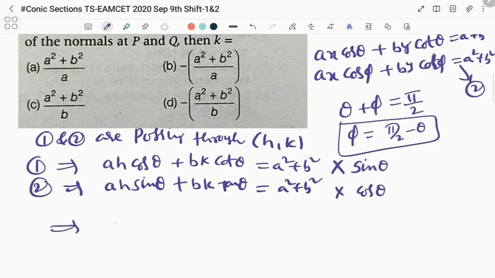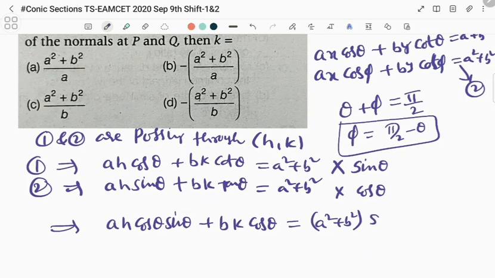So ah cos theta sin theta plus bk cos theta will come here, because sin theta into cot theta, a square plus b square into sin theta.